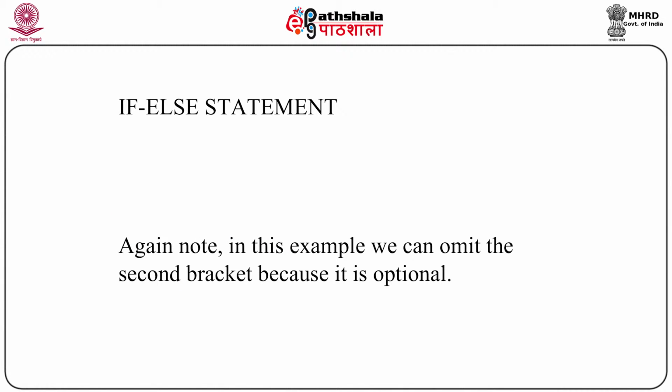Again, we may omit the second bracket because it is optional and it contains only a single statement. Since we had assigned 1 to the variable check, the conditional statement turns out to be true and hence hello is printed finally.